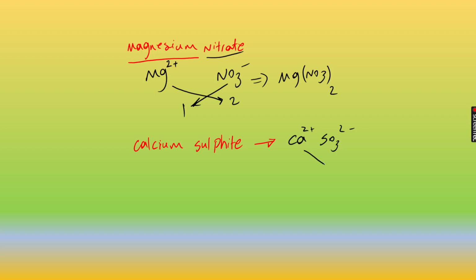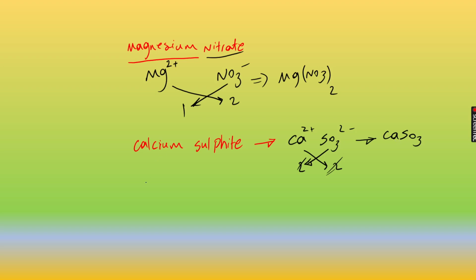The calcium gives 2 and the sulfide gives 2. So multiply and simplify them, so it can create CaS. No need to put parentheses. No need to write the number 1.